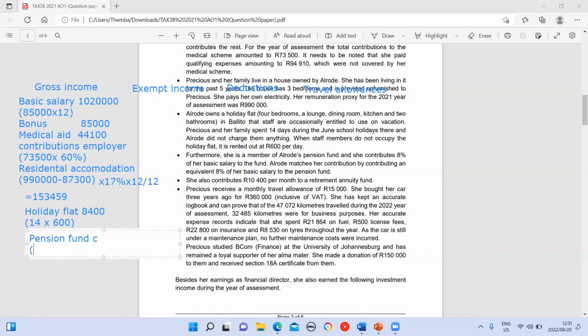So it will simply be 8% of Precious's basic salary, so 8% times 1,020,123. Then this would be our answer. It will simply be 81,600 to be included in your gross income.